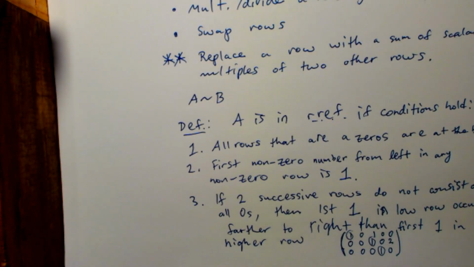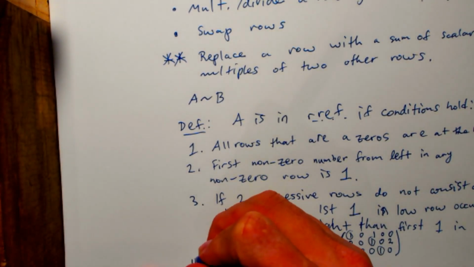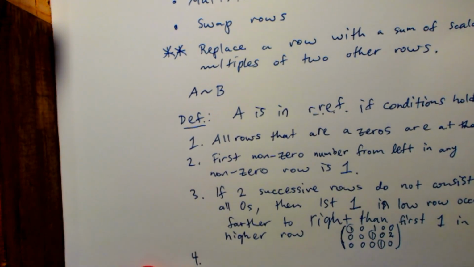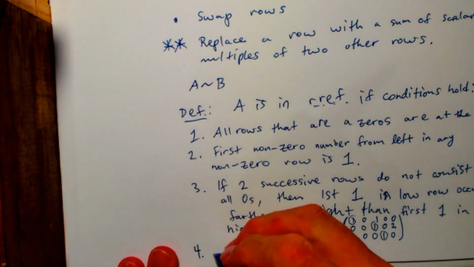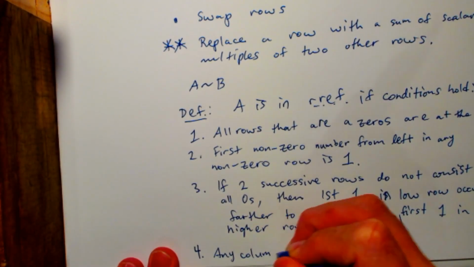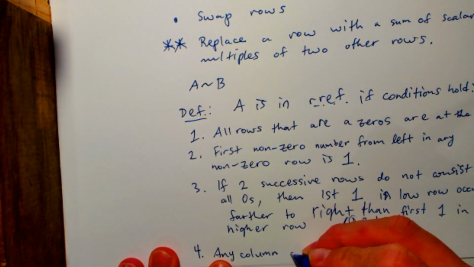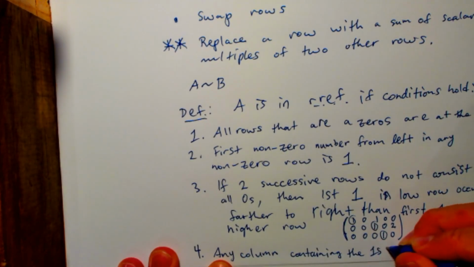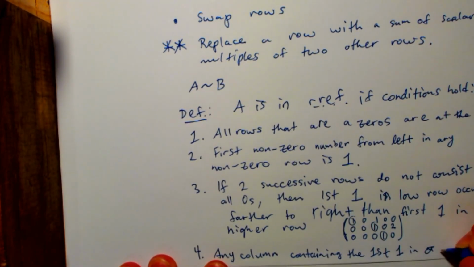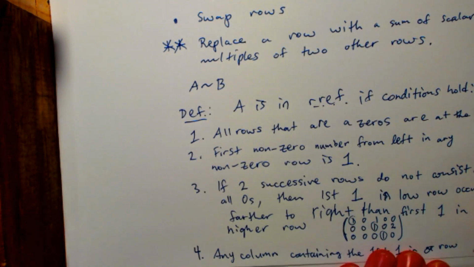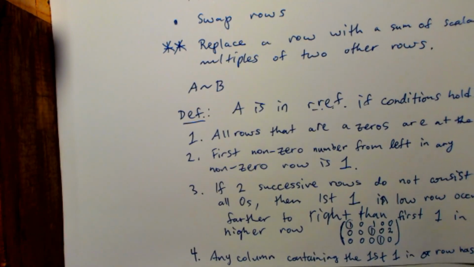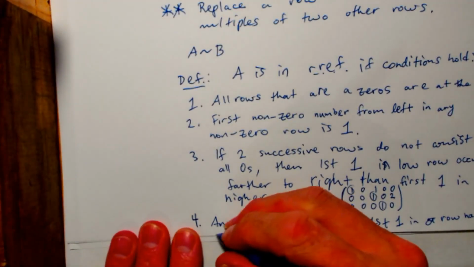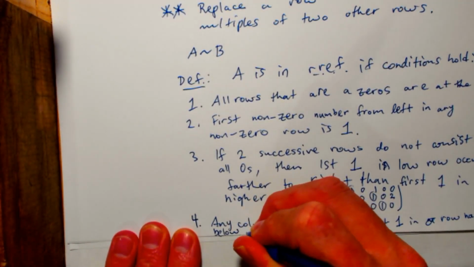Okay, now last condition that needs to be met in order for the matrix to be called in row reduced echelon form is any column containing the first one in a row has zeros everywhere else, meaning below it.